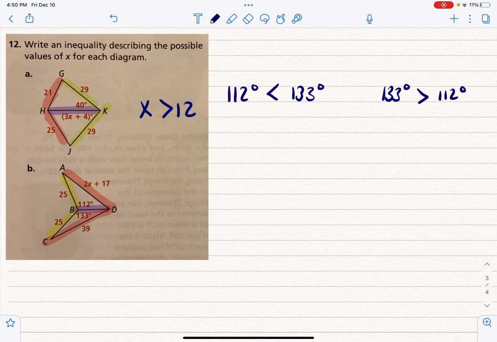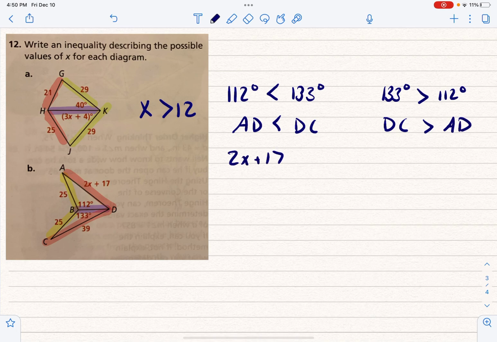And so in this first one, that would mean that AD is less than DC, or in this case, DC is greater than AD, which means then that 2x plus 17 is less than 39, or 39 is greater than 2x plus 17.